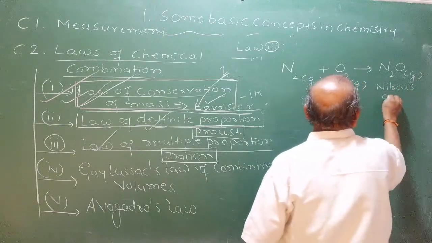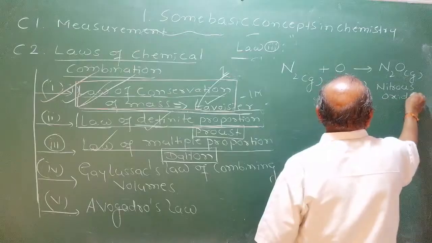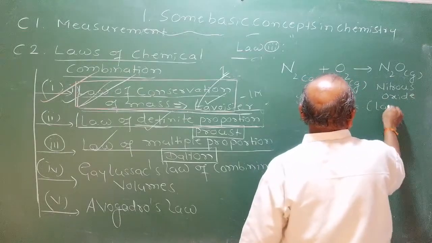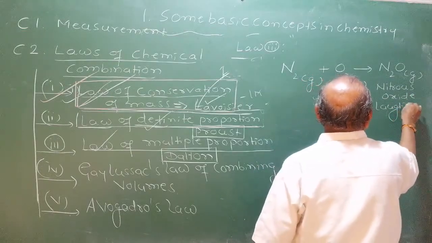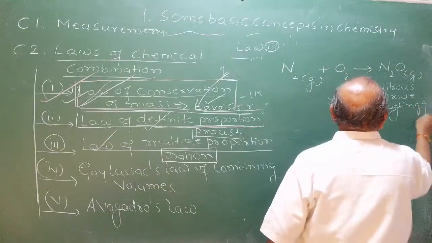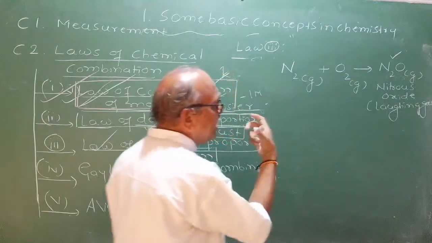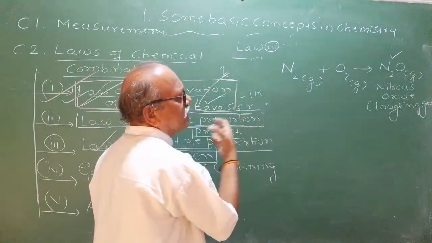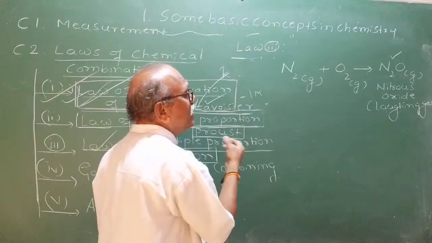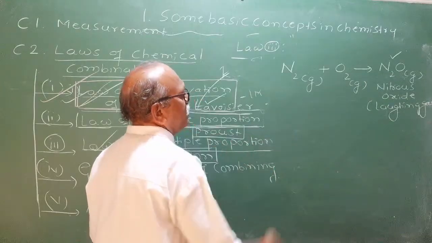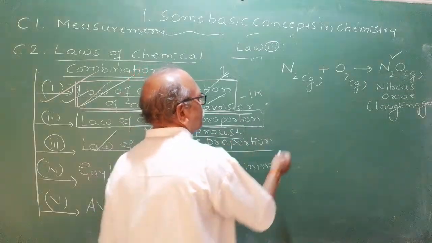Remember, it is a laughing gas. Nitrous oxide was prepared by Humphrey Davy, and once you inhale this gas, your muscles will loosen and the person feels like laughing. Therefore, it is called laughing gas.